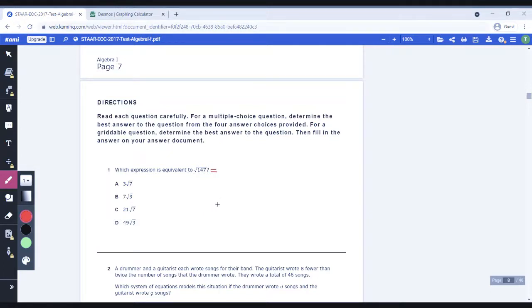And so let's try it on, so let's say 49. So 147 divided by 49 equals what?